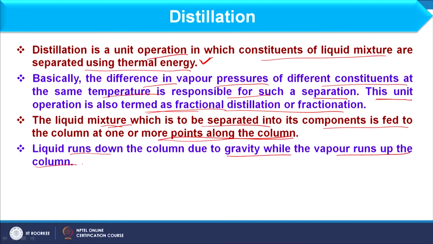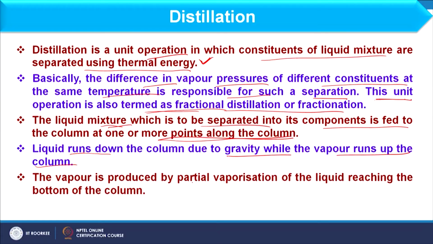movement of vapor as well as liquid, and vapor is produced by partial vaporization of the liquid reaching the bottom of the column. Here you can consider this partial vaporization usually occurs in reboilers.